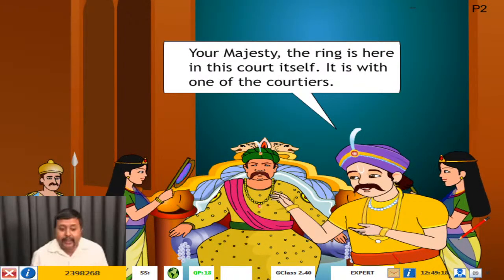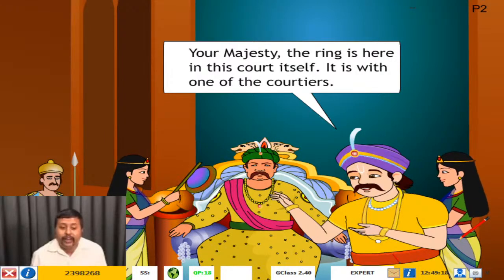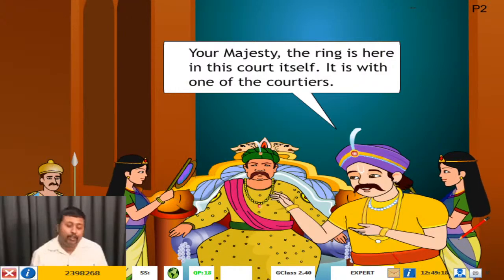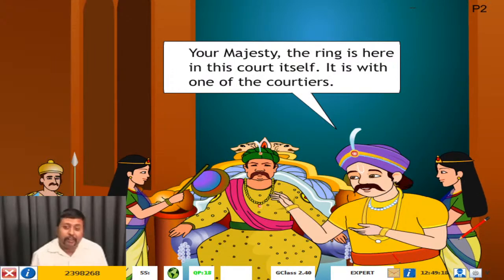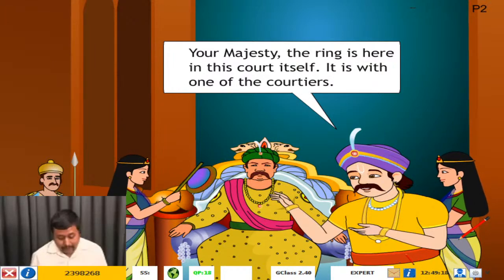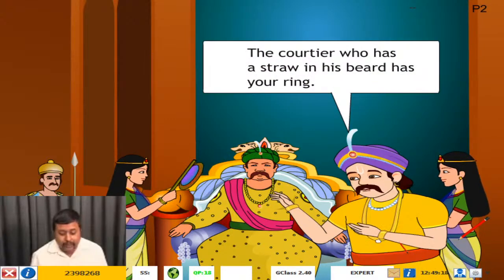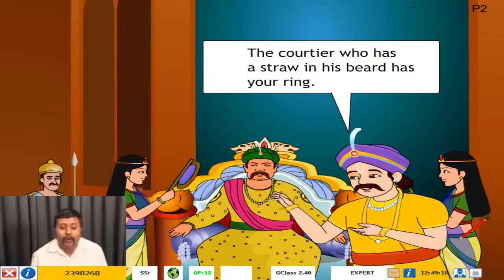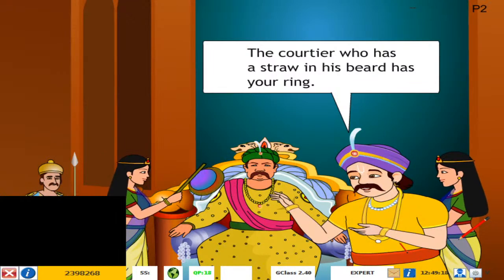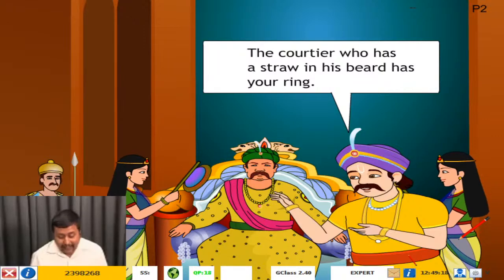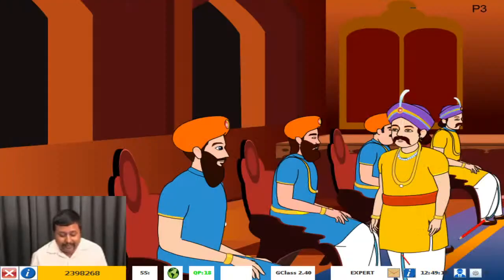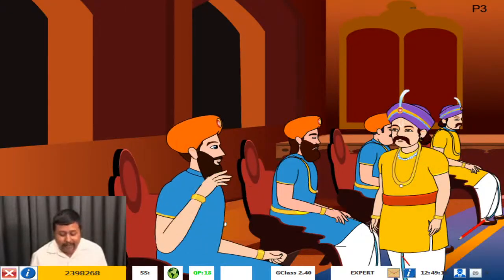Okay, now he tells the king, Your Majesty, the ring is here in this court itself. It is with one of the courtiers. The courtier who has a straw in his beard has your ring. Then what happened?